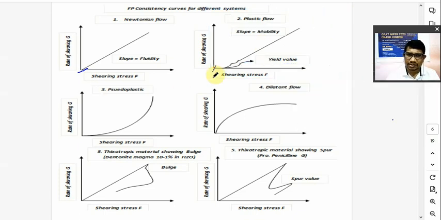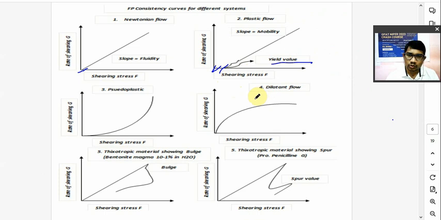So if you apply stress, it will not begin to flow. A certain amount of stress is required, and then it will start flowing. That certain amount of stress is known as the yield value. Up to the yield value, the material will not start flowing.